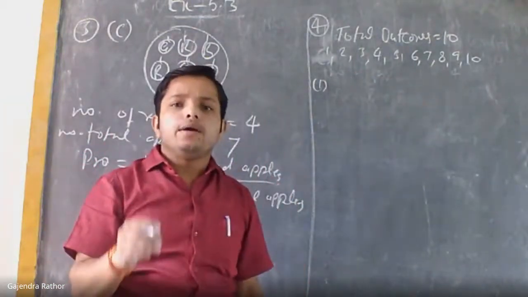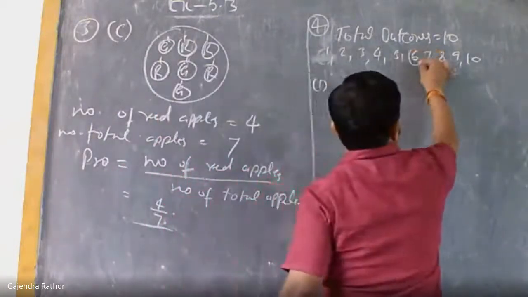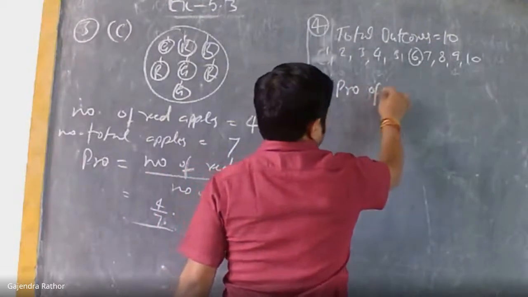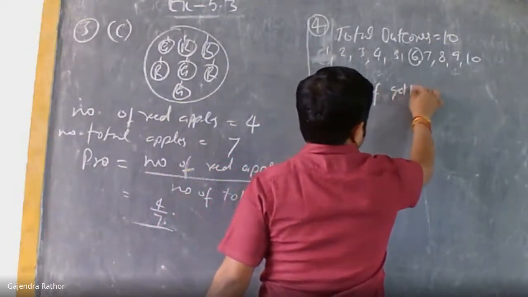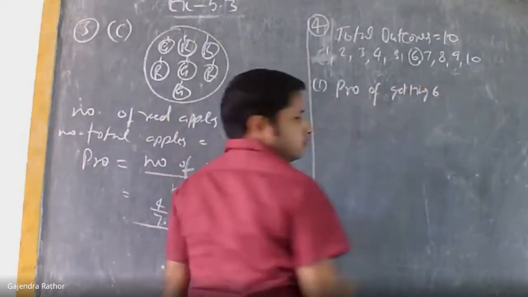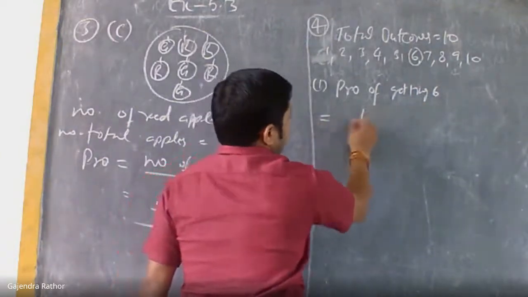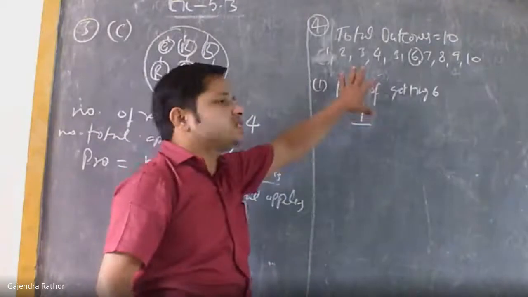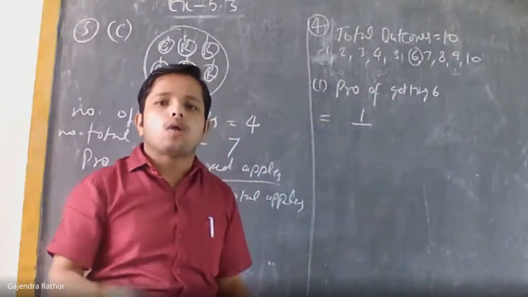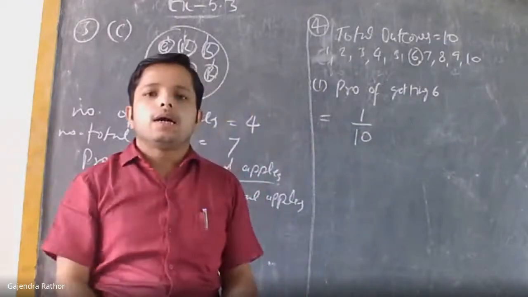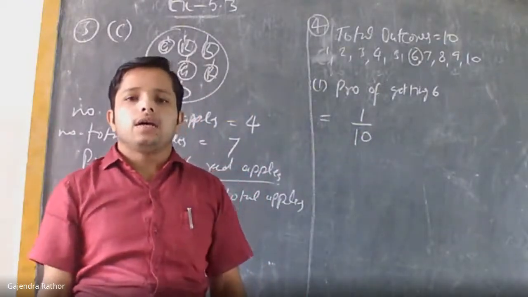There is only one 6. So the probability of getting 6 is equal to 1, meaning there is only one 6 and the total outcomes are 10. So the probability is 1 by 10.